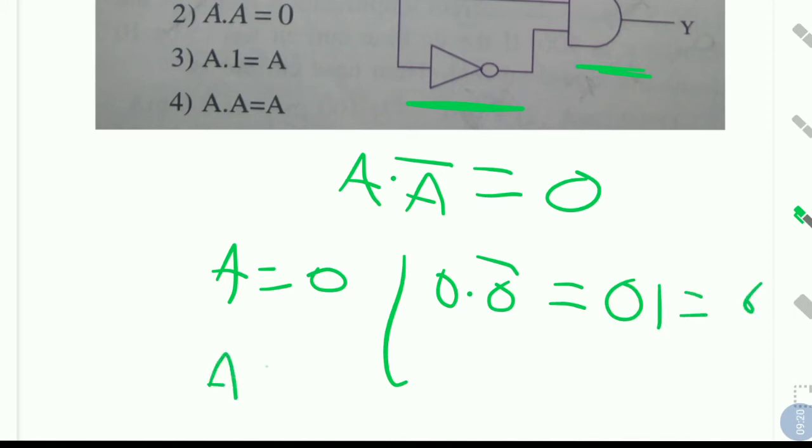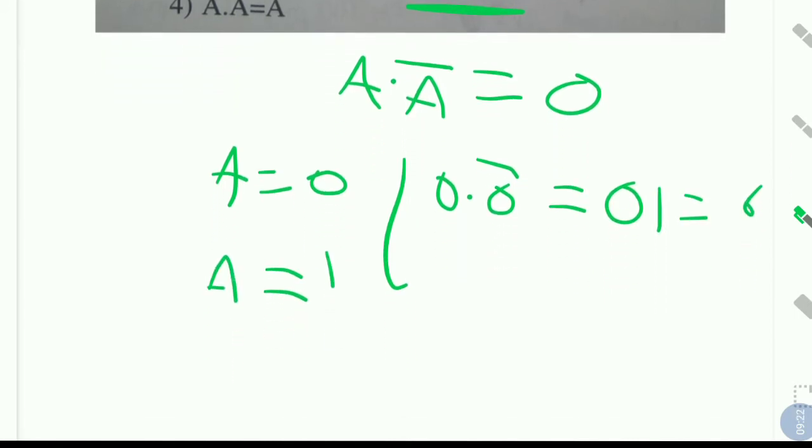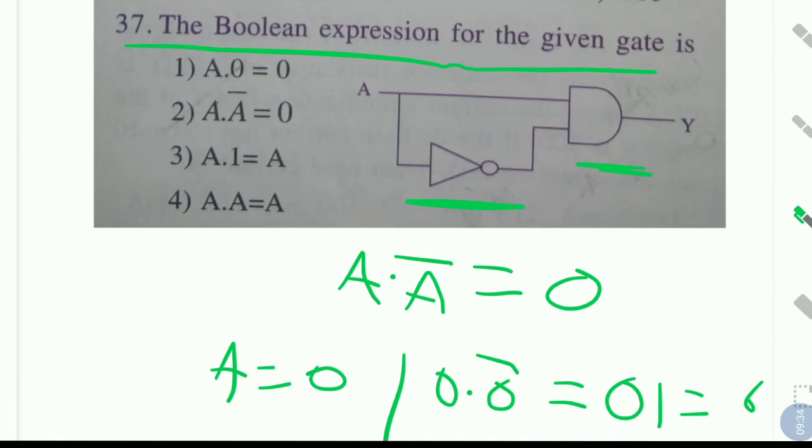If A is equal to 1, 1 and 1 complement is 0, so 1 dot 0 is equal to 0. Then check the options. A dot A complement is equal to 0, nothing but option 2 is right.